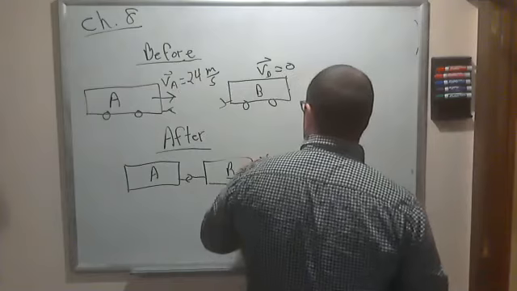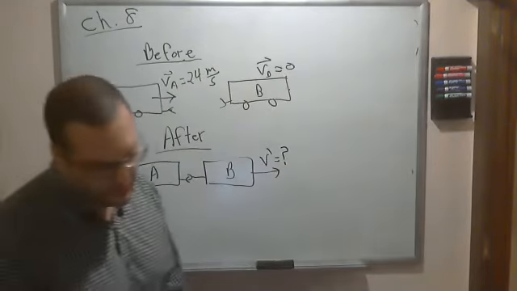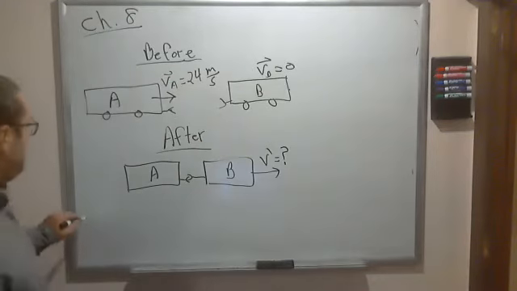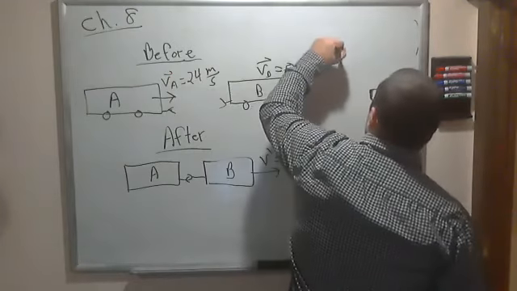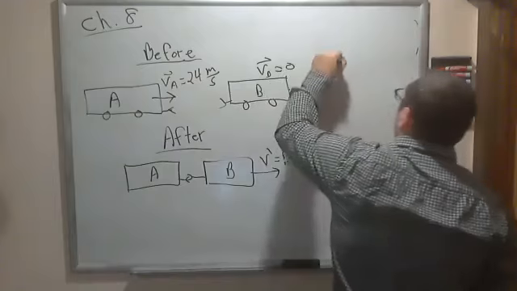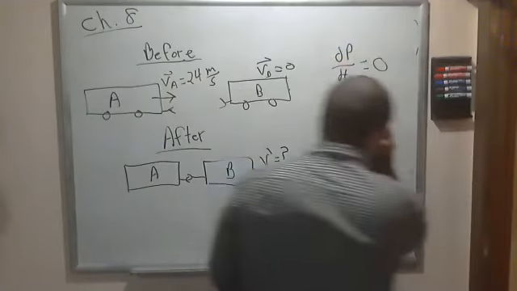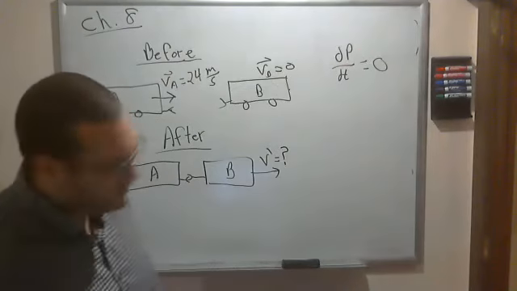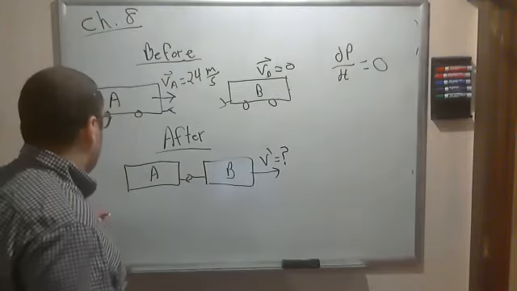And we want to figure out what the velocity is here, right? So initially, there are no external forces, right? So that means that momentum is conserved. Now, let's do the initial.